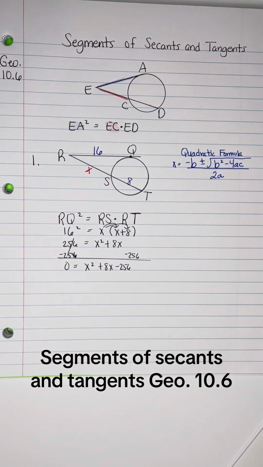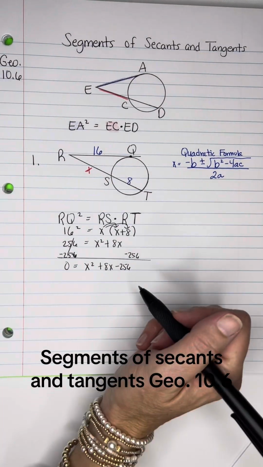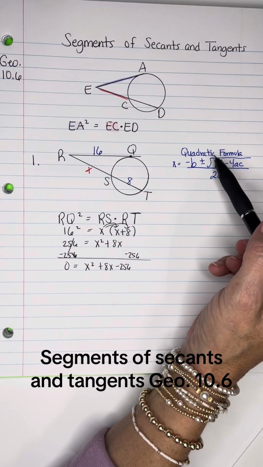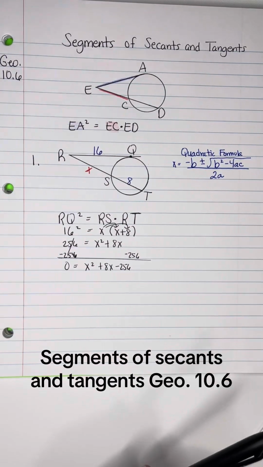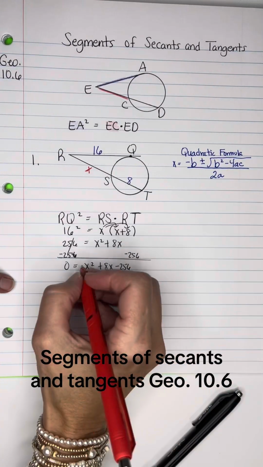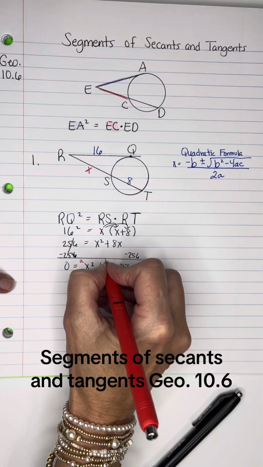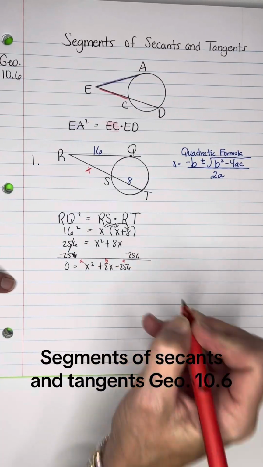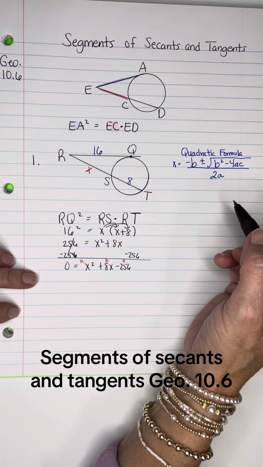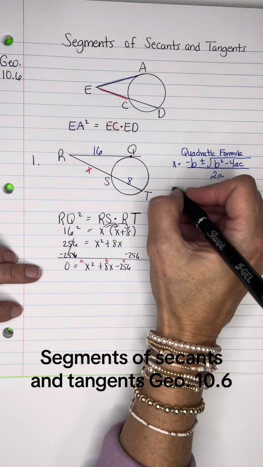Now, that's going to be a really tough one to factor, and it might not even factor. So in that case, I'm going to use the quadratic formula with A, B, and C being, let's see, A is 1, B is 8, and C is negative 256. You may have to go back and look at my quadratic formula videos if you don't remember this.